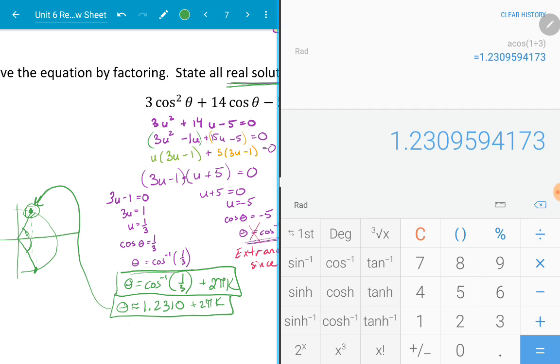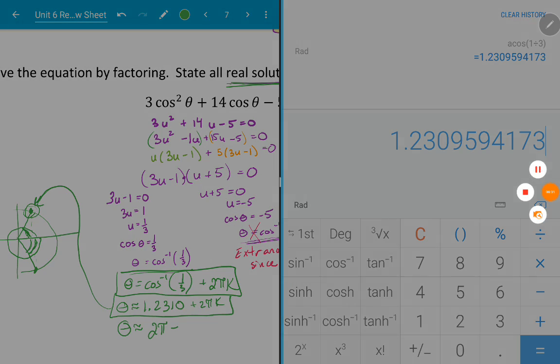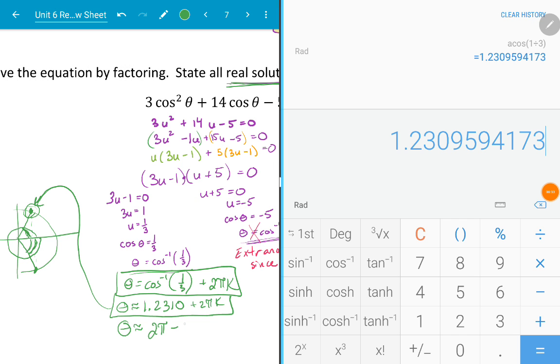So I can find him by saying this angle is almost 2 pi except short this angle. So that's 2 pi minus whatever that was. So that's 2 pi minus that angle that we just found.